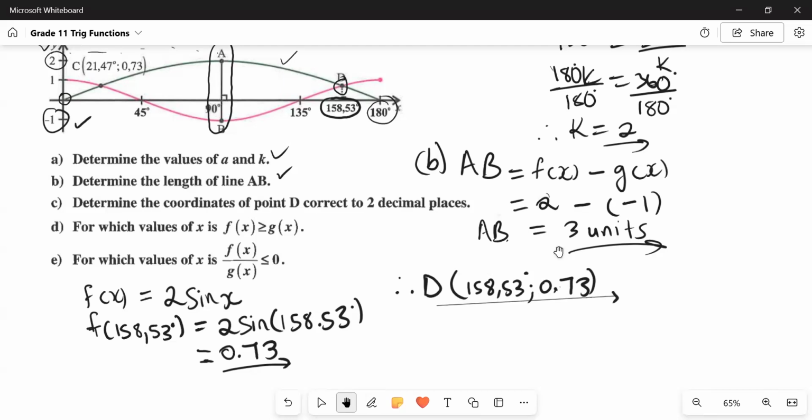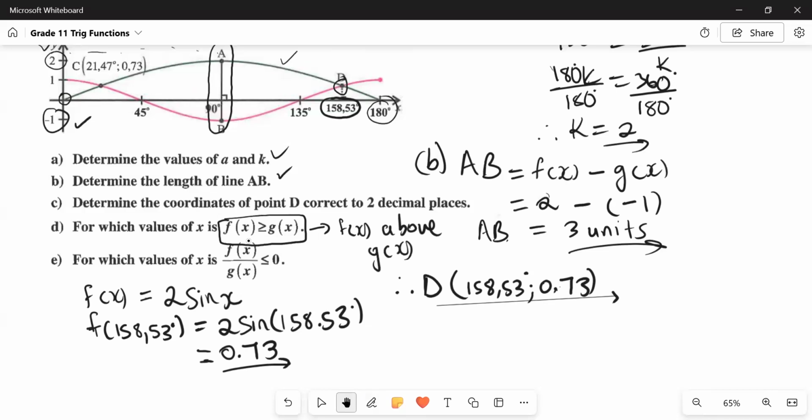Now, for which values of x is f of x greater or equals to g? So if we can go back to the functions, ne? What does this mean? It means f of x is above g of x.